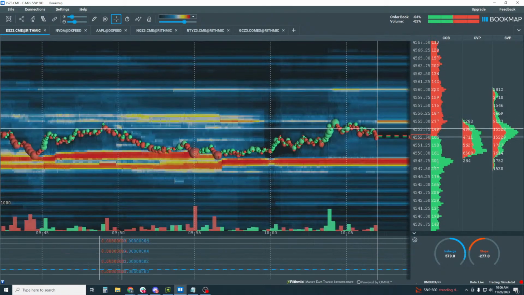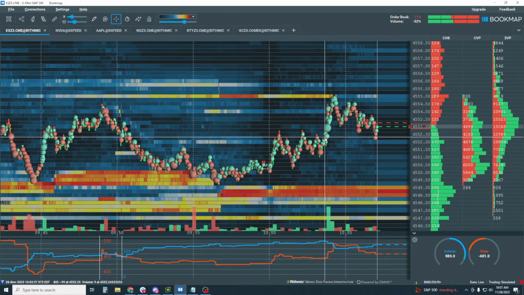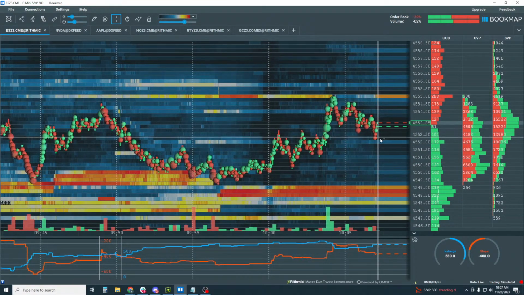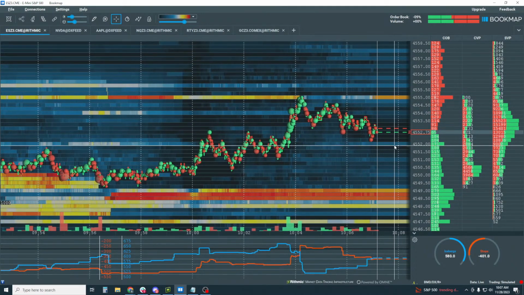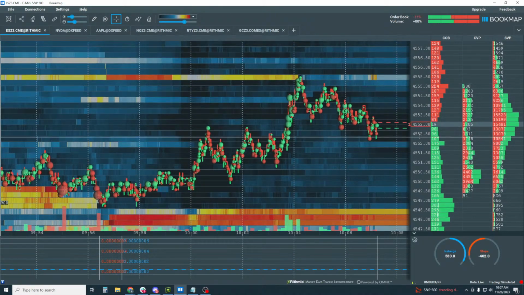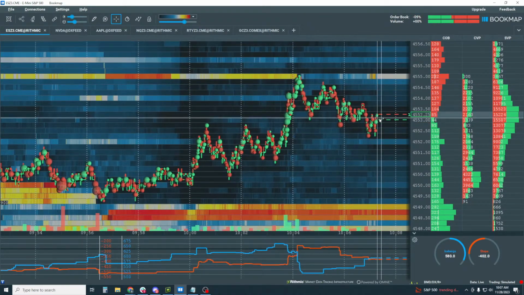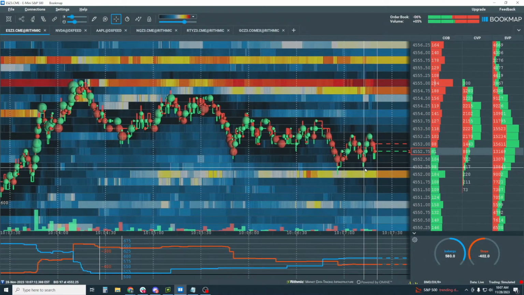So we're already getting a pullback here to where it just broke out from. This is where I would look for buyers to support it. We do see some liquidity here at 52, not a whole lot though, but we're looking for our buyers now. Here we had a retest down here.